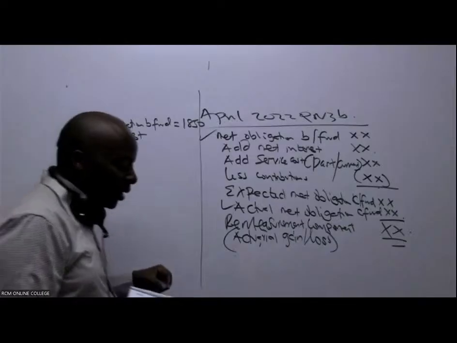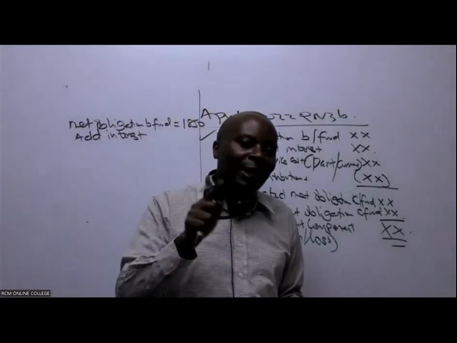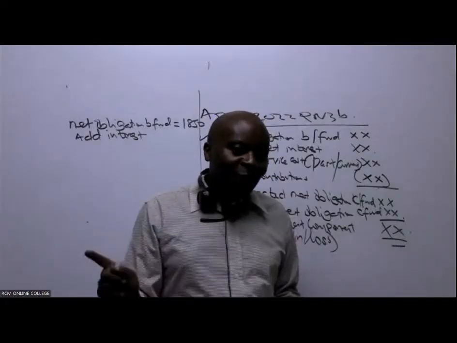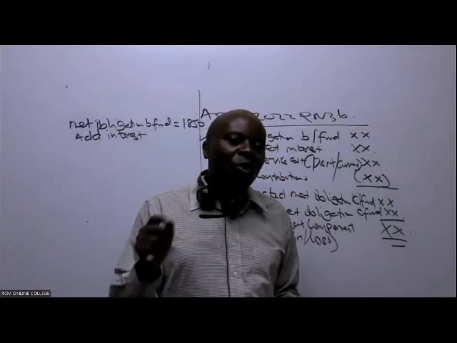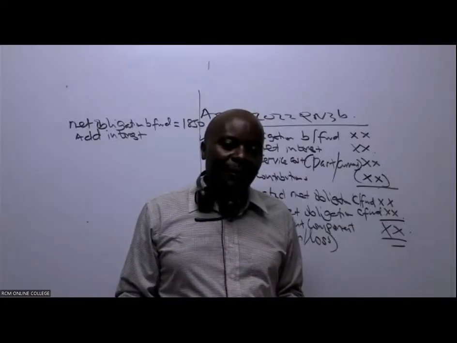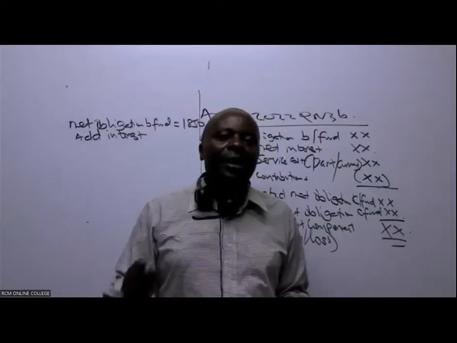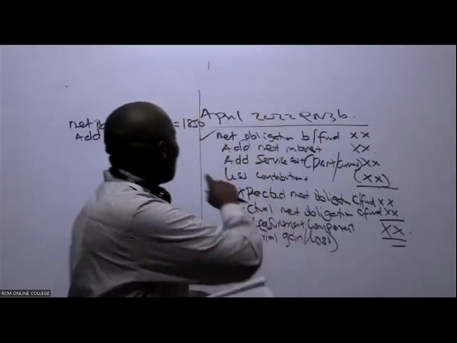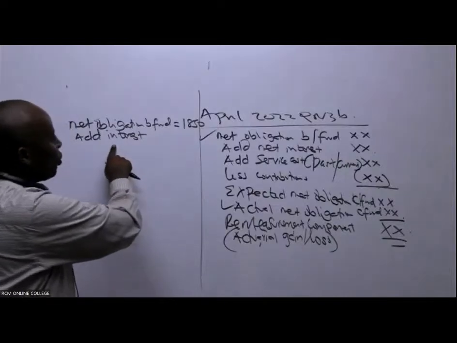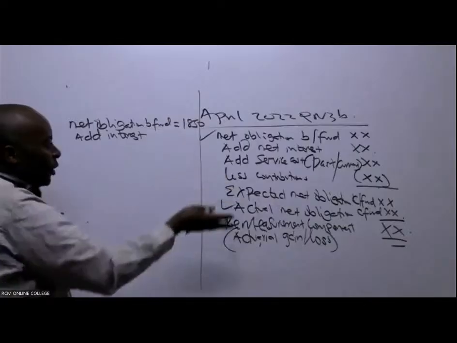As we're going to see in our next class, which will be tomorrow, we will always have what we call plan assets and the plan obligations. So when you talk of net obligation, we have already subtracted the plan assets. Listen to me very well, ladies and gentlemen. Whenever we talk of net interest, it's because we earn interest from our assets and pay interest on our liabilities.